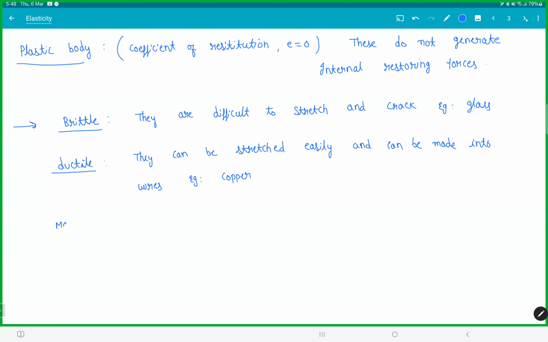Then we also have something called malleability. What is malleability? It can be made into thin sheets.